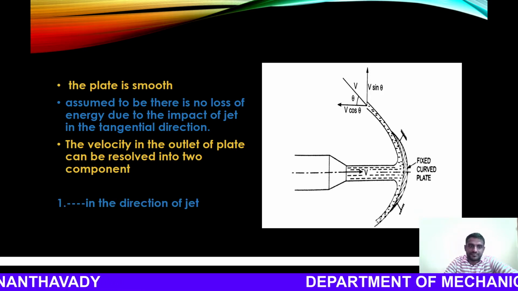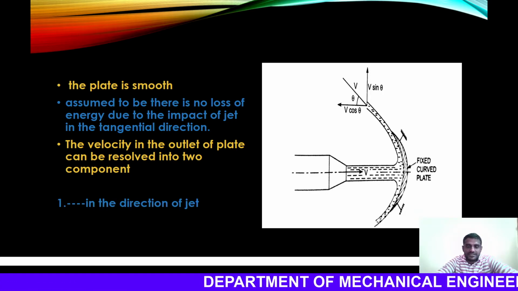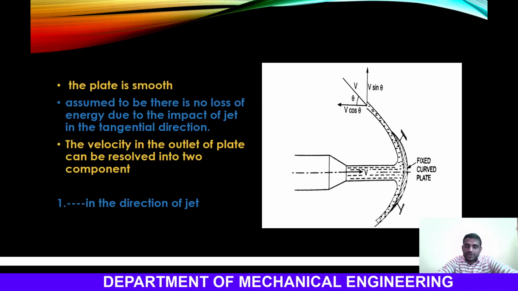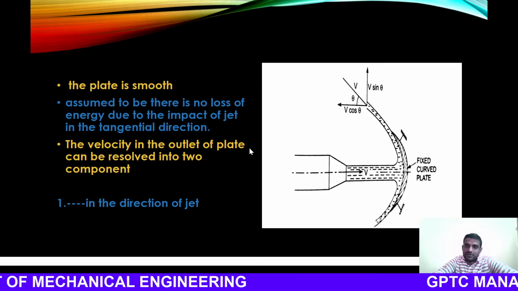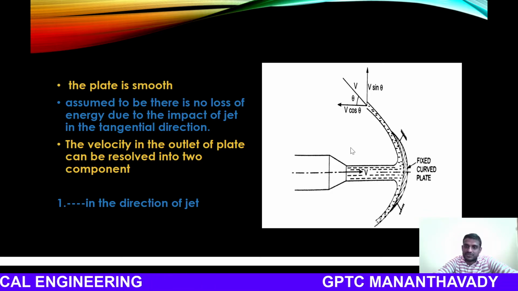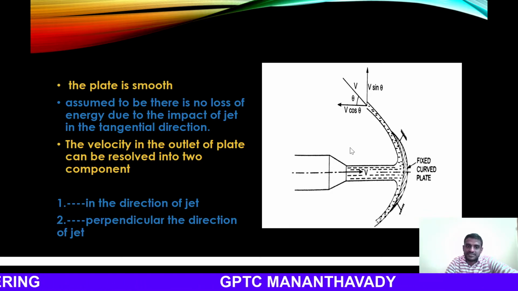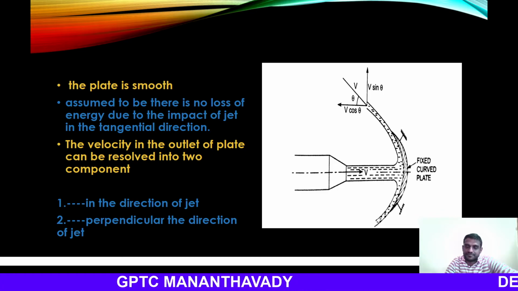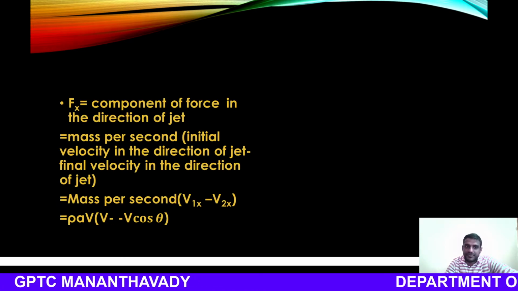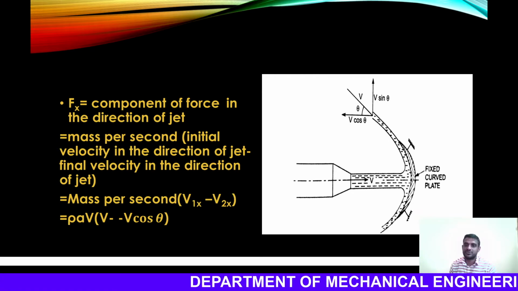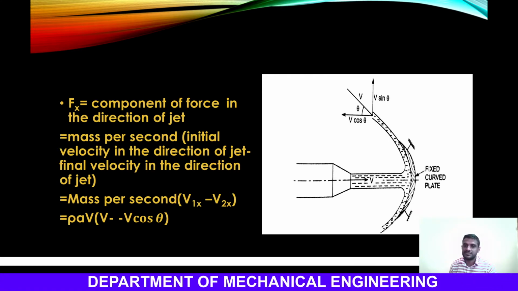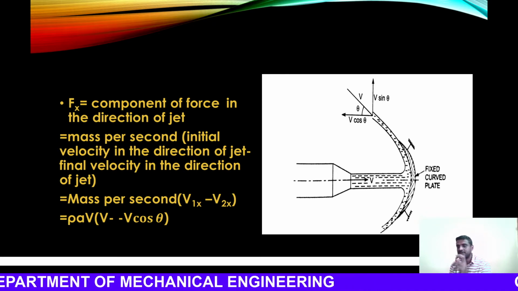First, we have to resolve these forces into two components: first, in the direction of the jet, that is the horizontal direction, and second, perpendicular to the direction of the jet, that is the y direction. The first case is the force exerted by the jet in the horizontal direction, and case one is the jet of water striking the center of the curved plate.